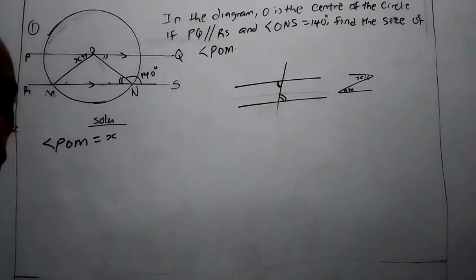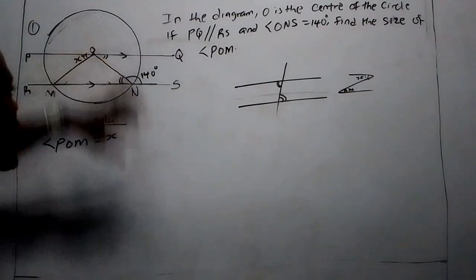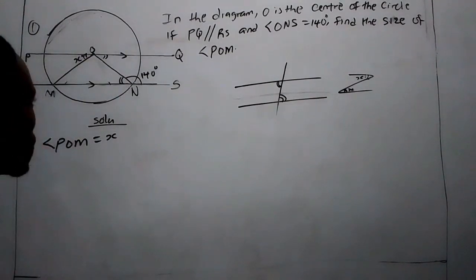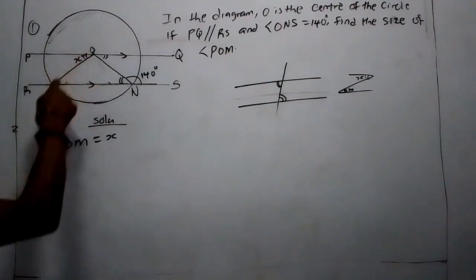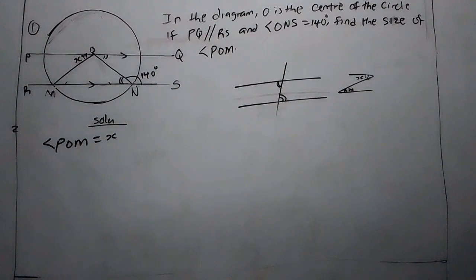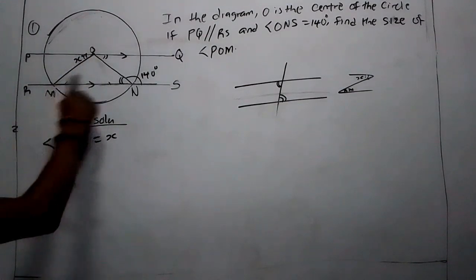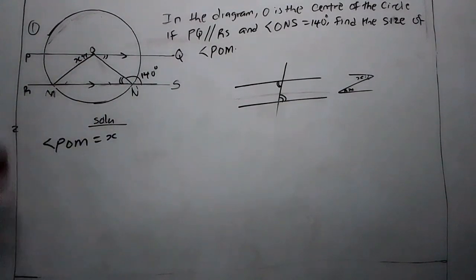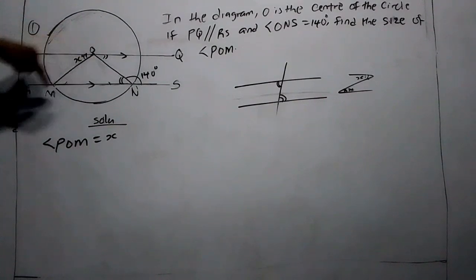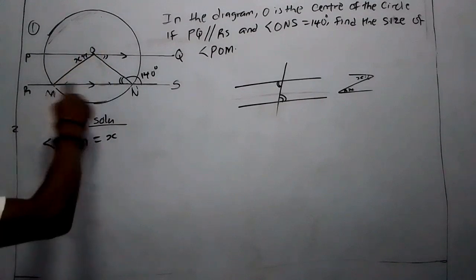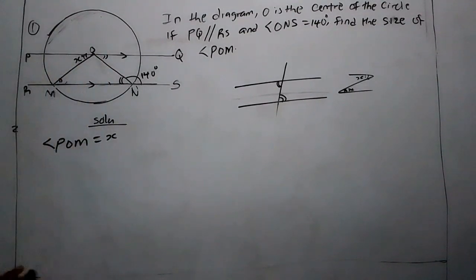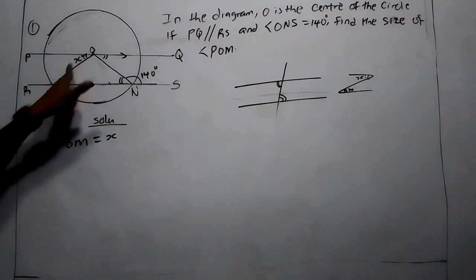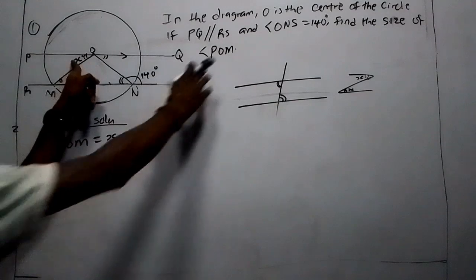They are equal to each other because they are alternate angles. We have another alternate angle here, which means that angle POM is also equal to angle OMN. So if we get the angle here, then we get our angle POM.